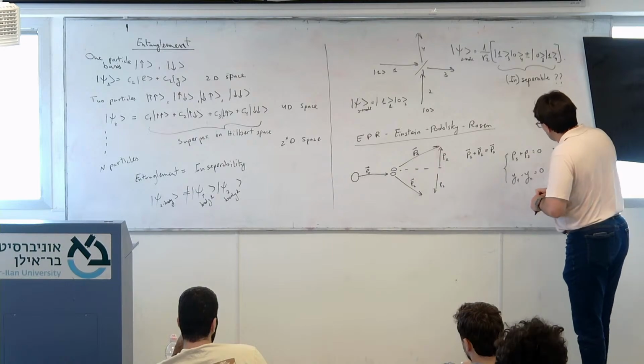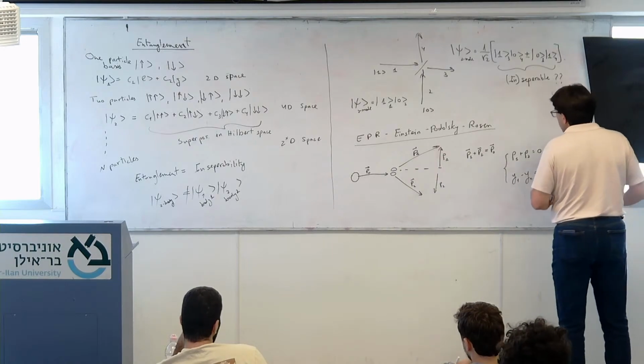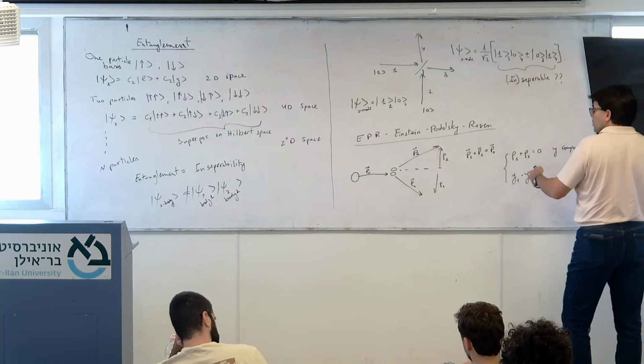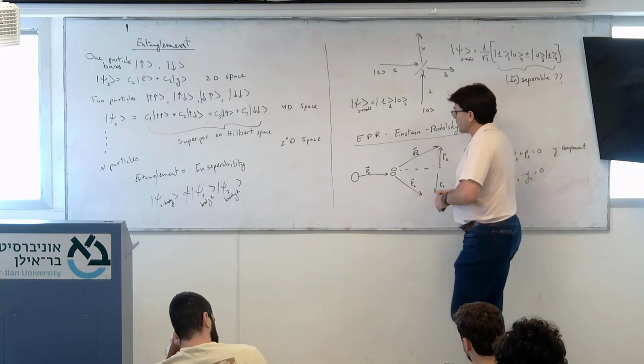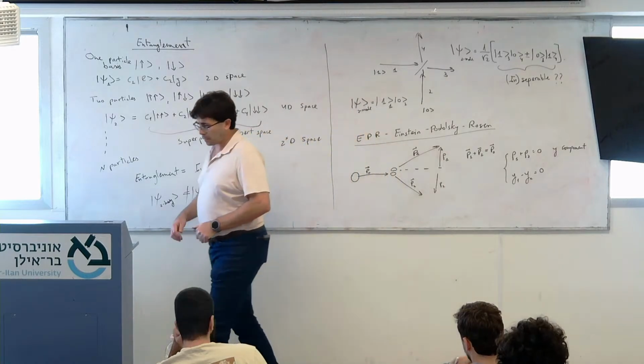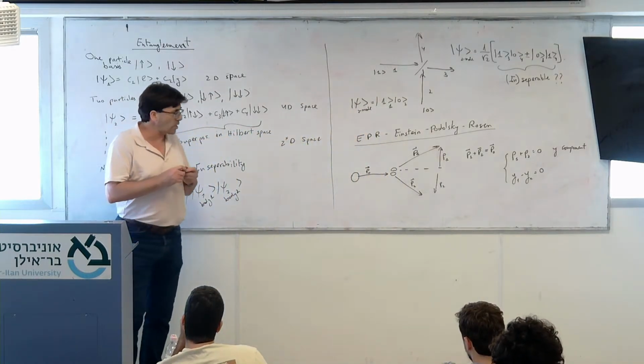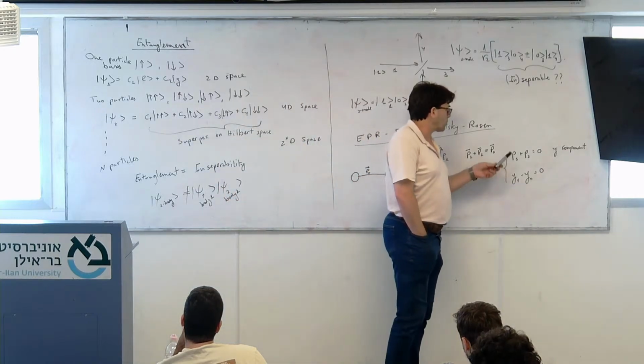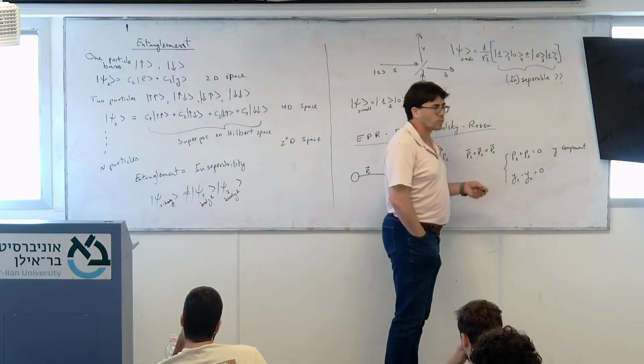So this is like saying, in this case, I have an interesting situation where I have two particles. I don't know either the momentum or the position of each one of them.